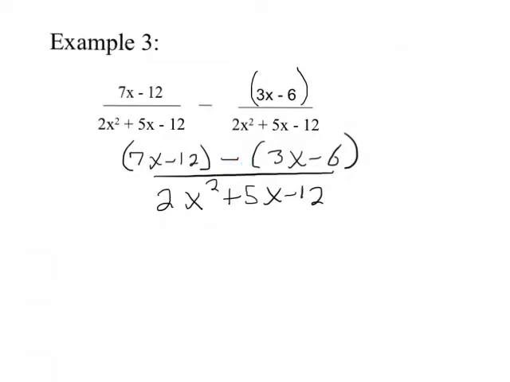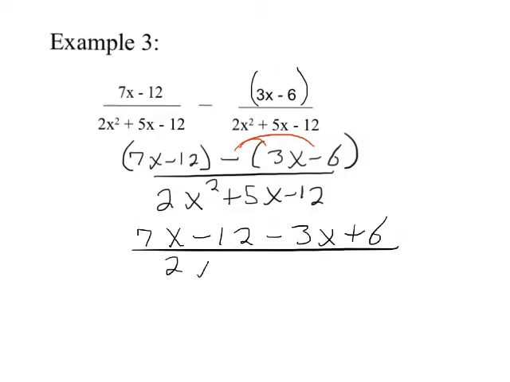Now I can distribute the negative inside. So let's go ahead and distribute the negative inside just like this, and rewrite this problem. I'm going to get 7x minus 12 minus 3x plus 6 all over the 2x squared plus 5x minus 12. Now let's add like terms here. Let's code these like terms.